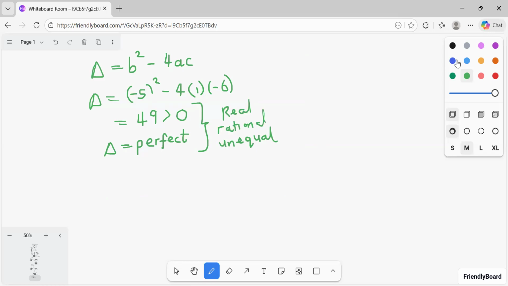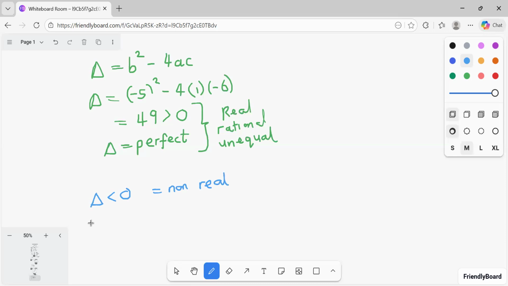Let's just conclude by looking at the nature of the roots of a quadratic equation. We say that when delta is less than 0, for example if it's a negative number, this means the roots are non-real.